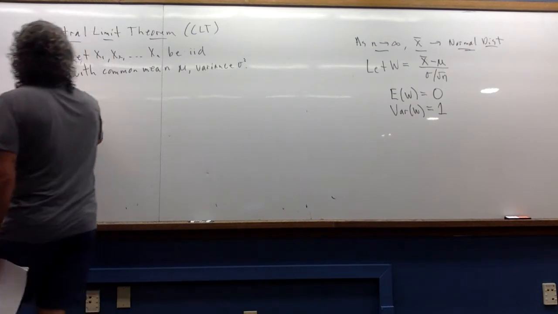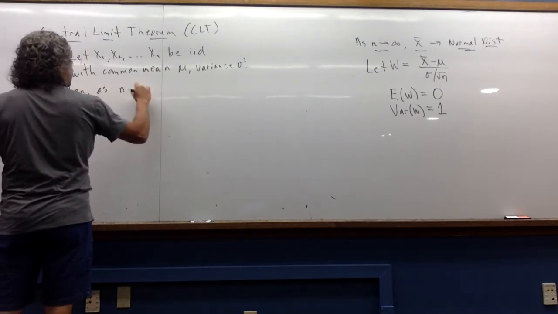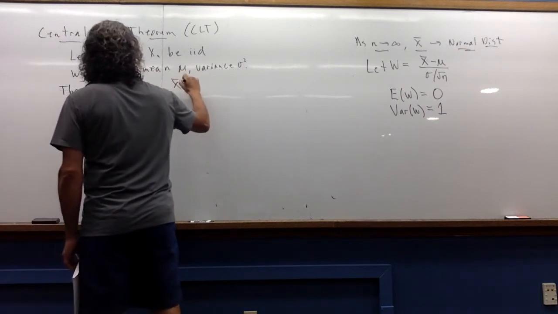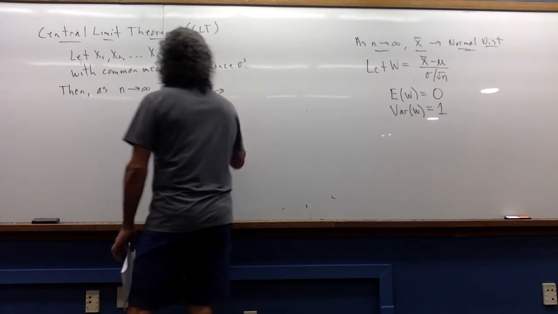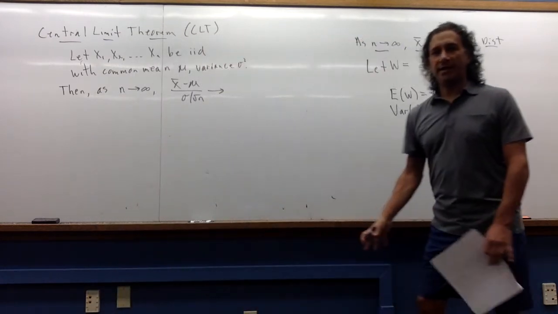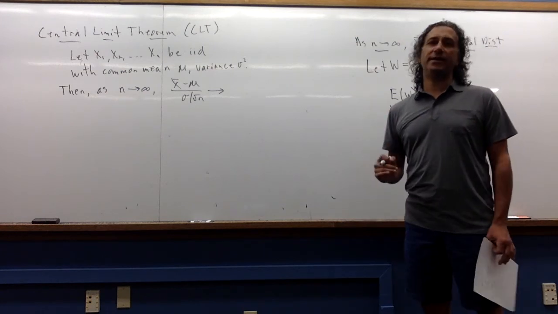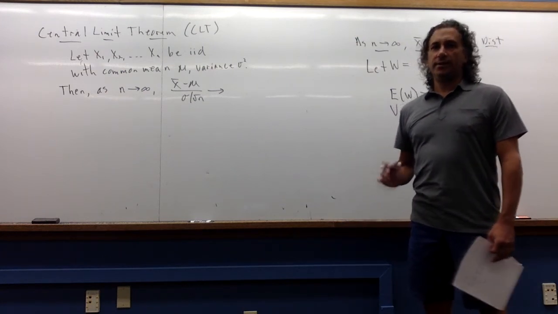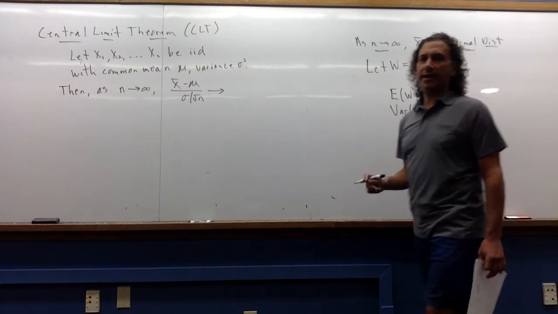Then, as n approaches infinity, x bar minus mu over sigma over root n approaches what? It approaches some distribution, a very specific distribution. So pause the video, see what I wrote here, here, here, and here, and see if you can write the punchline.